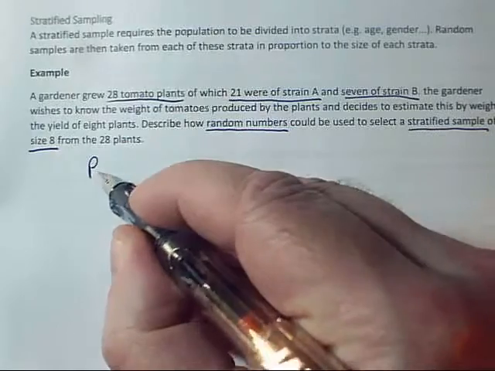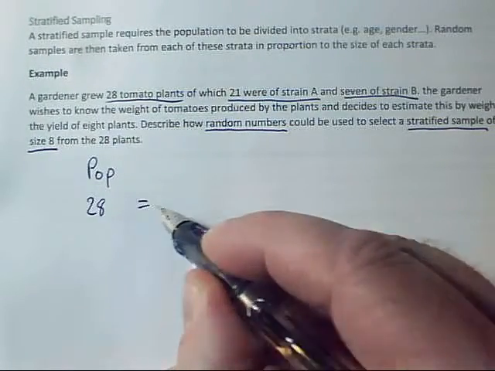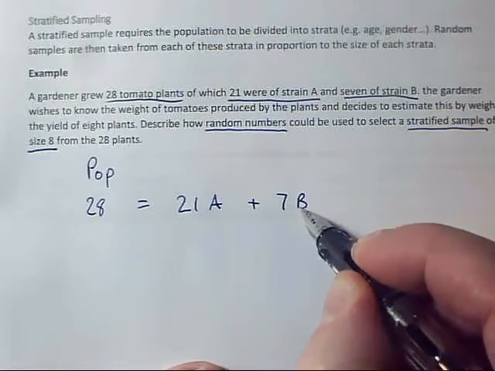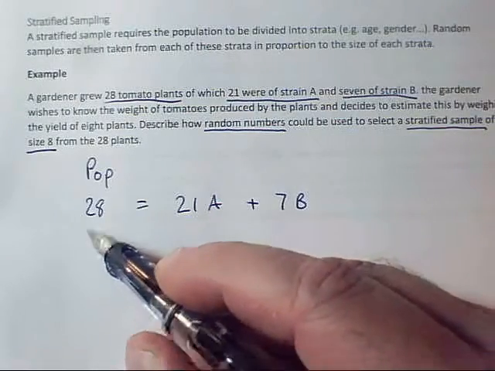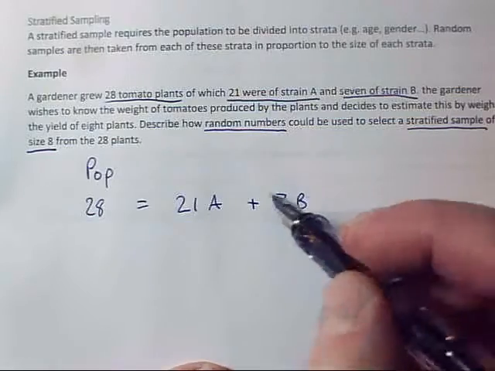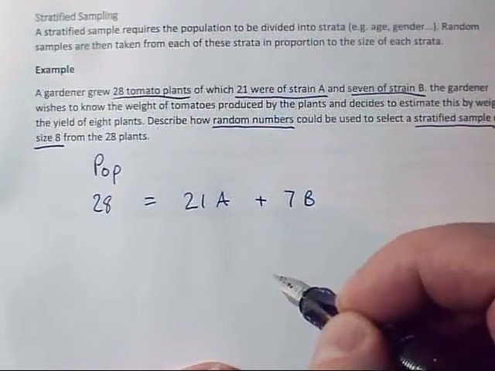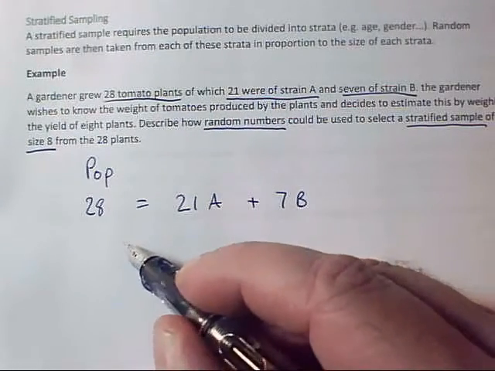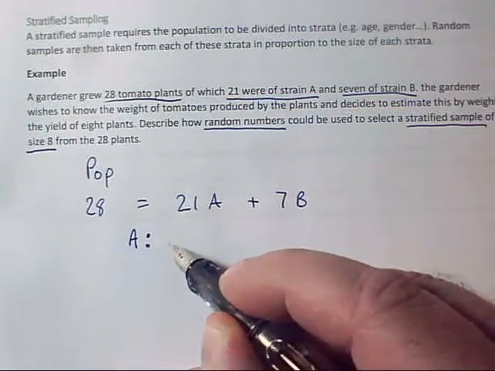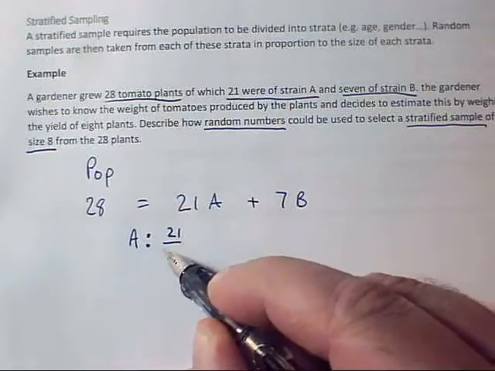So the population is of size 28, which is 21 strain A plus 7 strain B, and I need to divide my sample of size 8 in the same proportions. So you could divide 28 in the ratio 21 to 7, as you did at GCSE, or you can simply say that the proportion of the population that is A is 21 out of 28.